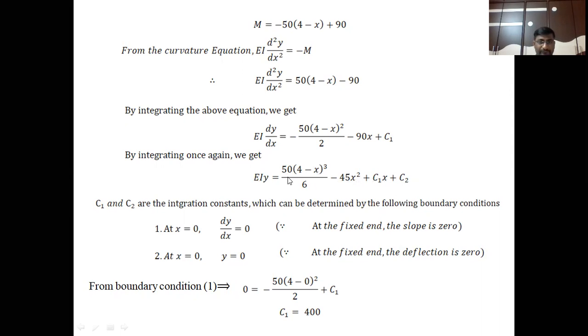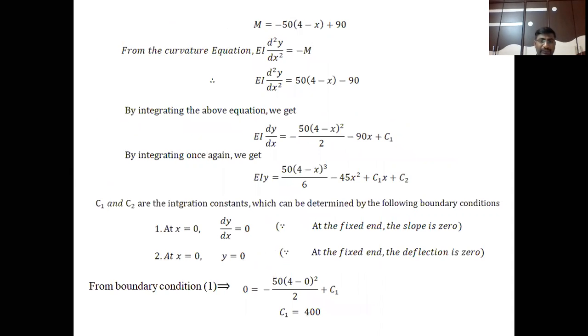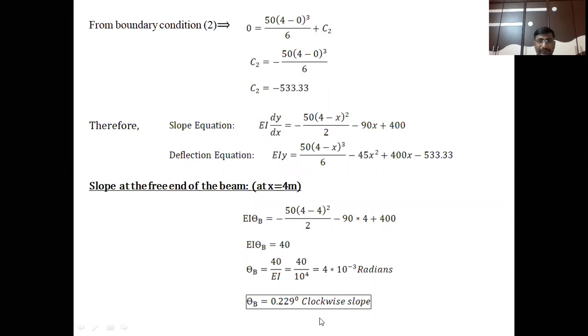So 0 equals 50 into (4 minus 0) whole cube by 6 plus C2. So C2 equals minus 50 into 4 cube by 6, which on calculation gives C2 as minus 533.33. Clear, students? By these two boundary conditions, we get the constants of integration C1 is 400, C2 is minus 533.33.